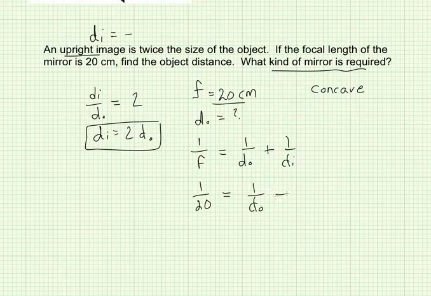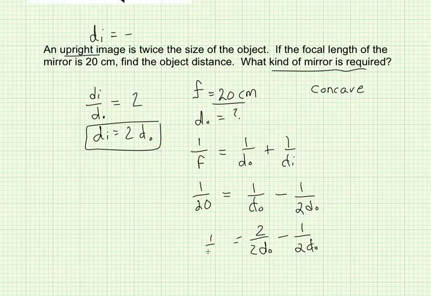I'm going to make this minus 1/(2 DO), instead of putting DI in there. Now this is where your math teachers would be very excited, because we're going to use the skill that you learned at some point in algebra, and that's going to be this common denominator. And in order to get a common denominator, I need to multiply this guy by 2/2 DO minus 1/(2 DO).